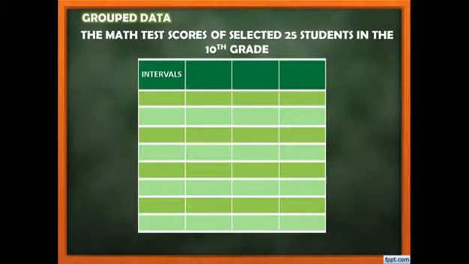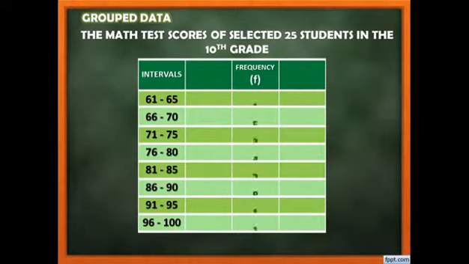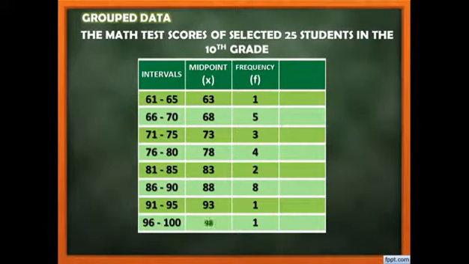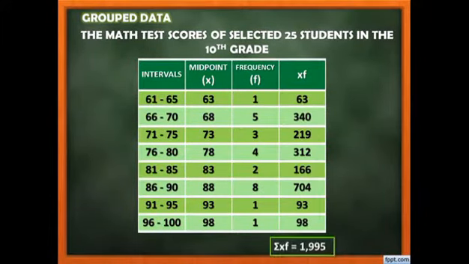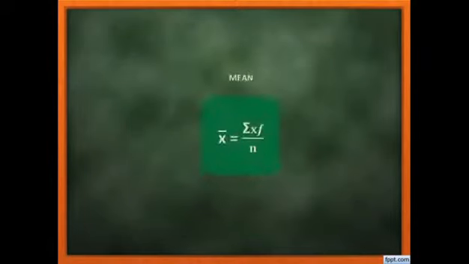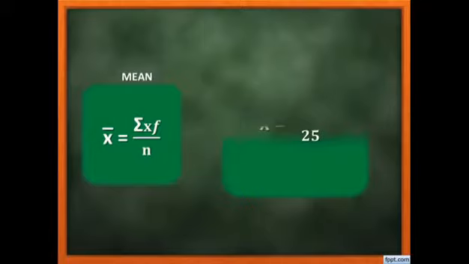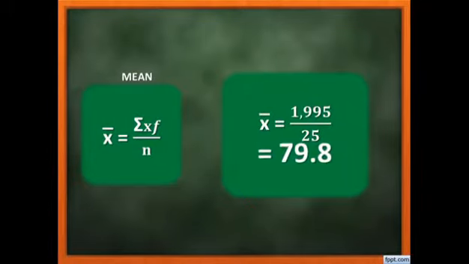Let's put the values of the product of x and f into another column in the table. After getting the values for the column xf, let's get its summation by adding all of its values. Did you get the answer? Now, back to the formula of the mean. Substitute the value we obtained and we get the answer of 79.8.